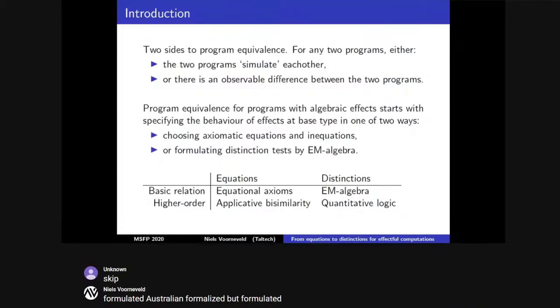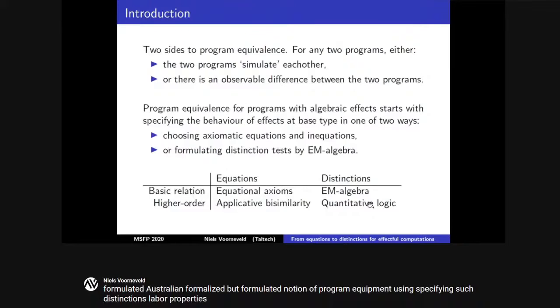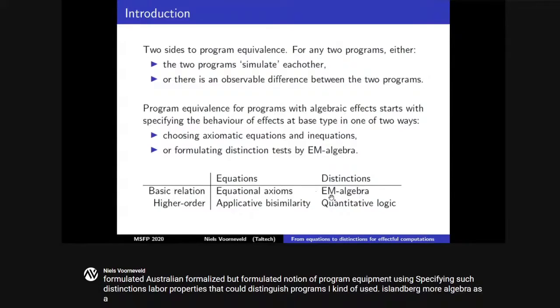And then the main question I had, at least, is this: when I formulated the notion of program equivalence by specifying such distinctions, behavioral properties that could distinguish programs, I used Eilenberg-Moore algebra as a foundation for checking how much a program satisfies a certain property.